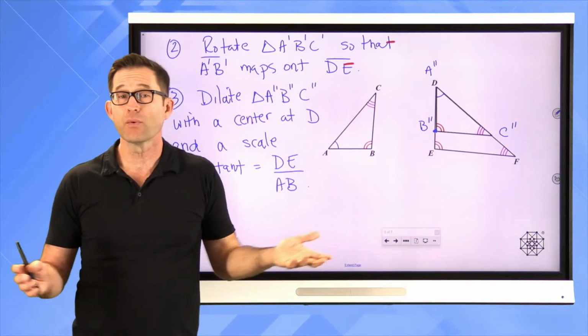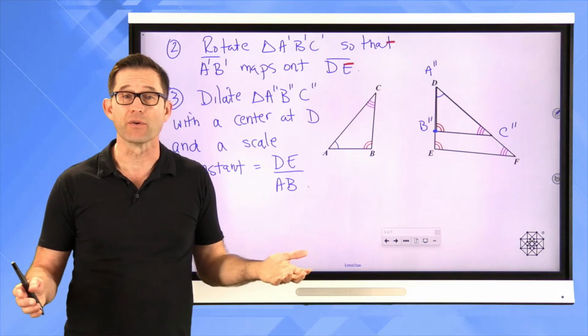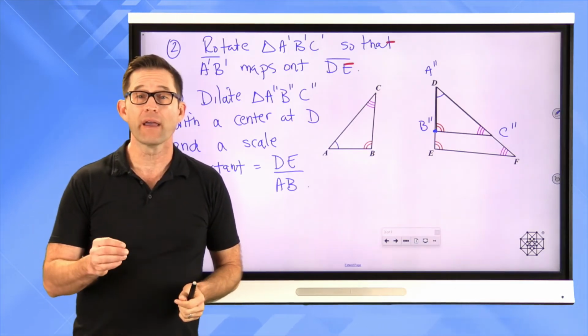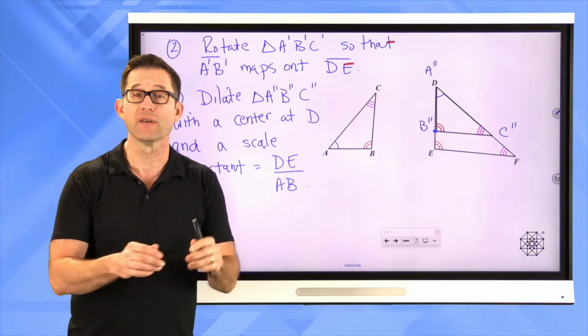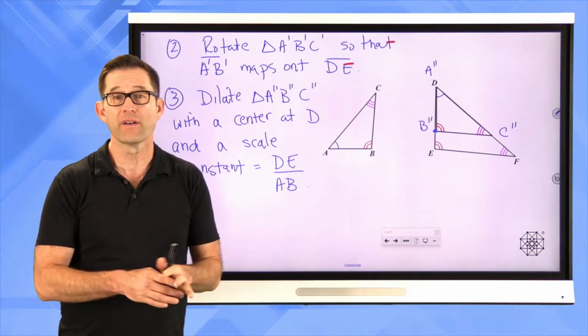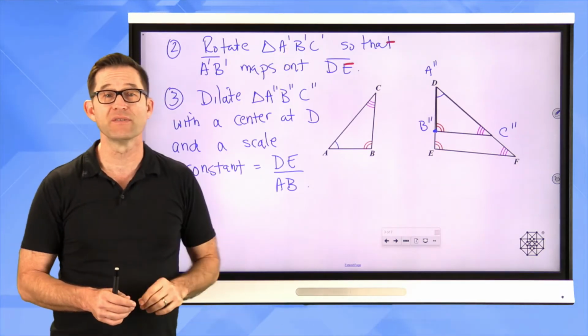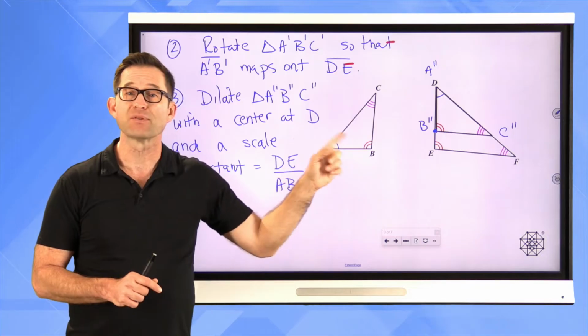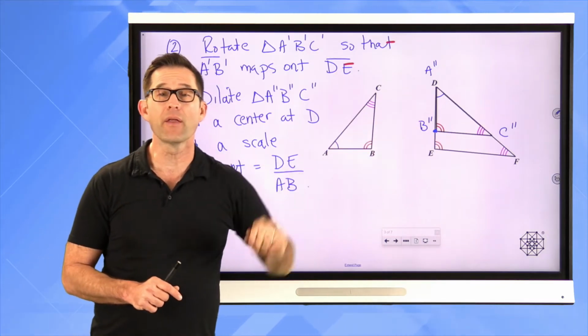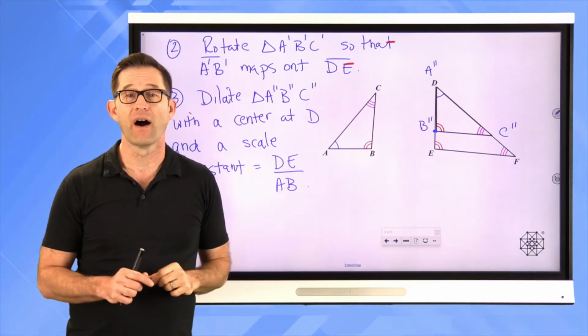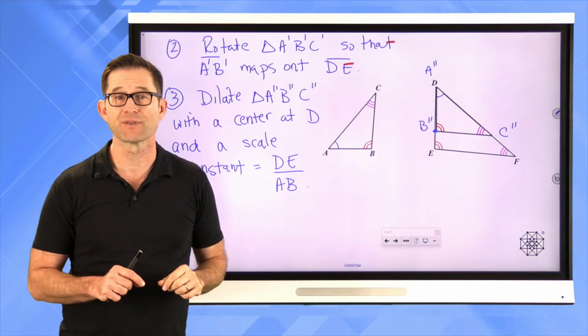Okay, but that's the way we now define similar figures. If we can find a similarity transformation, which is either a dilation alone or a dilation with some rigid motions thrown in, that maps one figure on top of another figure, then we've got ourselves two similar figures.